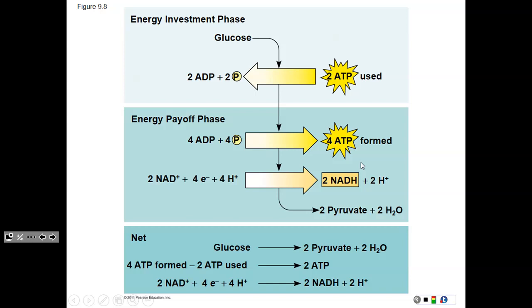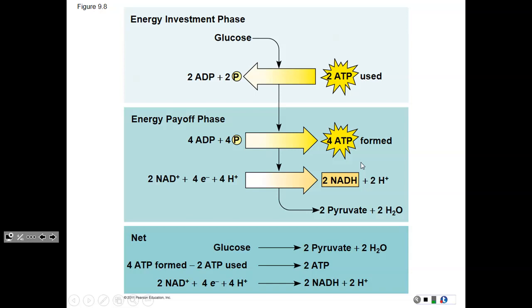Okay? And what that means in pretty simple terms is that an inorganic phosphate gets smushed into an ADP and that process creates an ATP. So it's substrate level phosphorylation. And for now, let me just tell you that that is in contrast to the only alternative, which is oxidative phosphorylation.